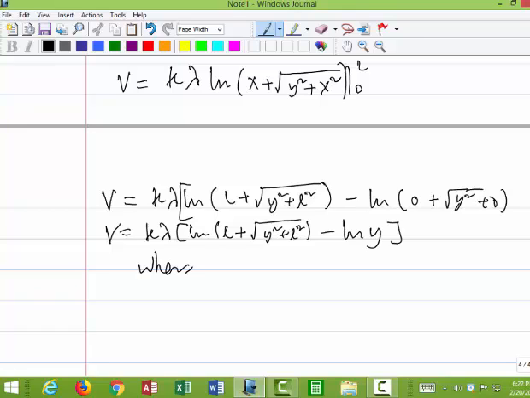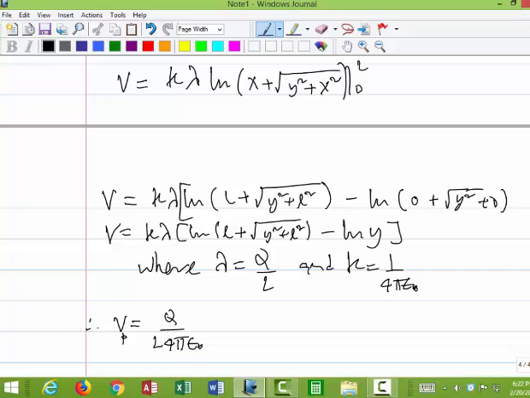And we can say that lambda is equal to Q over L, and K is equal to 1 over 4 pi epsilon naught. Therefore, the potential for the line at that point P is equal to Q over 4 pi epsilon naught L. The L is just the length that I've used, so let me write it the way I've been writing it so it doesn't lead to confusion.